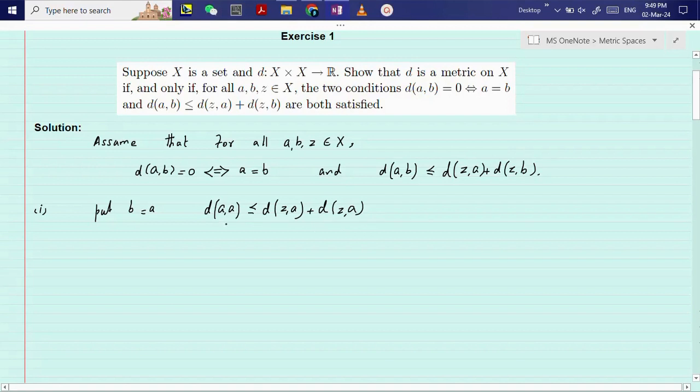And as we know, by the assumption, if A and B are equal, then D of AB is equal to 0. So D of AA is equal to 0, and this is less than or equal to, this one is a real number and this one is also a real number, both of them are real numbers. So when we add them, we get 2 times D of ZA.